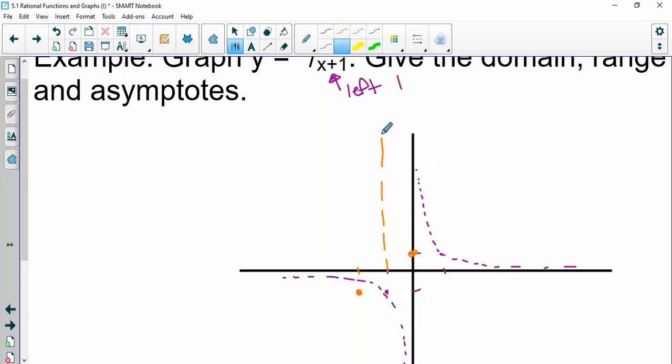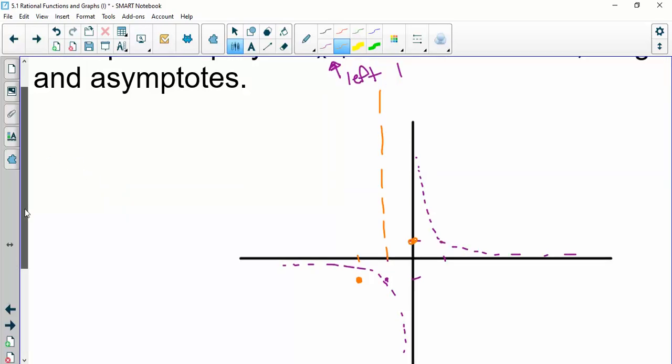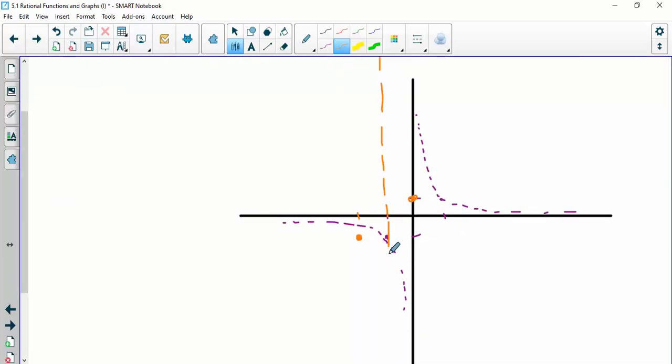We draw asymptotes as dashed lines. Since I didn't move up or down at all, my horizontal one didn't change, so that's just the axis. If you want to draw a dashed line there to remind yourself, we're not crossing that, we're just getting close to it. So my graph looks like this.